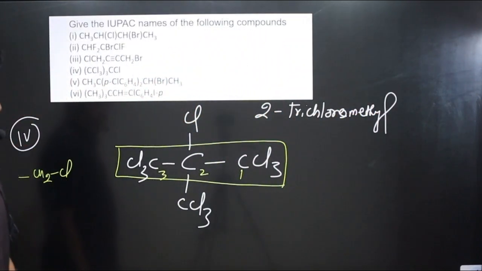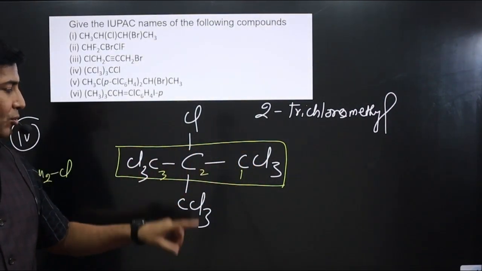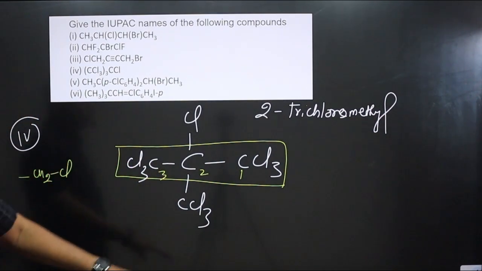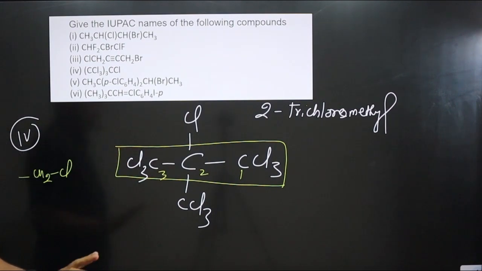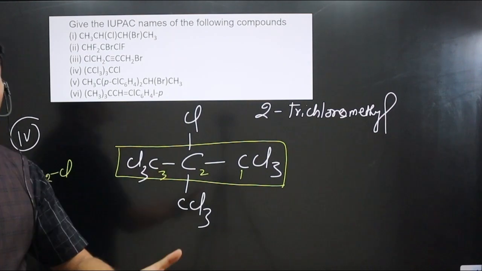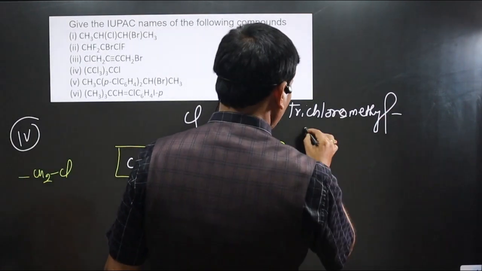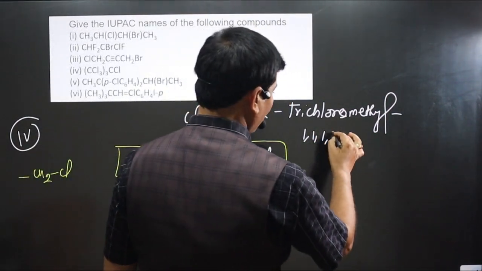Now in the parent chain, to the first carbon 3 halogens, to the second carbon 1 halogen, to the third carbon 3 halogens are there. Total number of halogens: 3 plus 1 plus 3 is equal to 7. So for these 7 halogens, we need to mention the position also. To the first carbon 3 halogens, so we mention 1,1,1. To the second carbon 1 halogen, 2 is there.